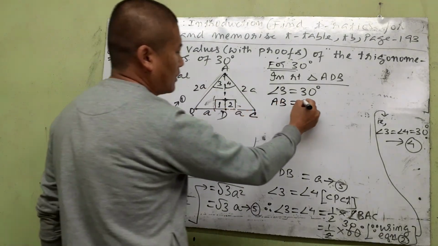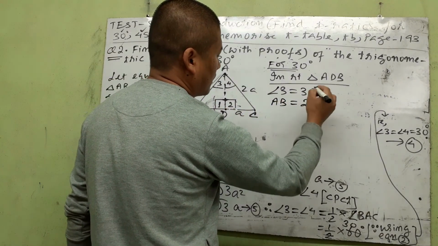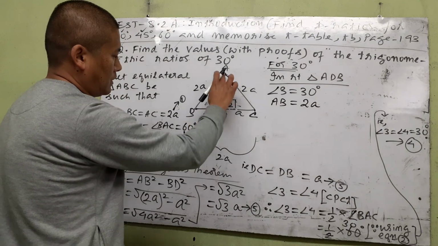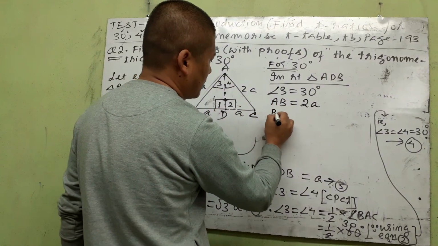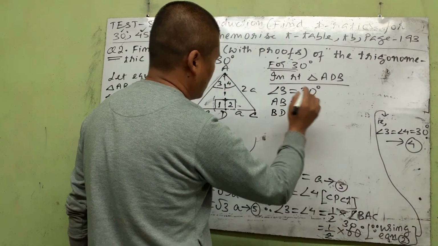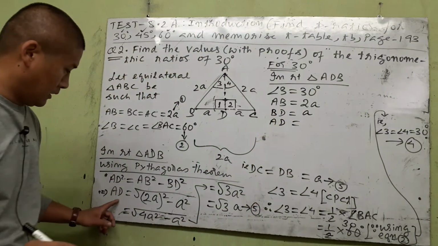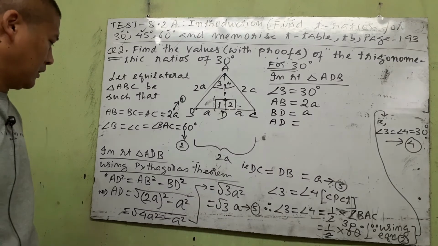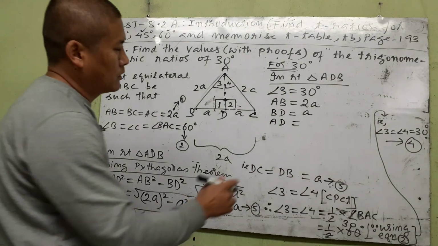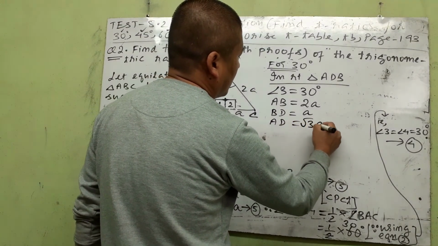AB is 2A, then BD is A, and AD, just now we found out, is root 3A. So let us write here root 3A.